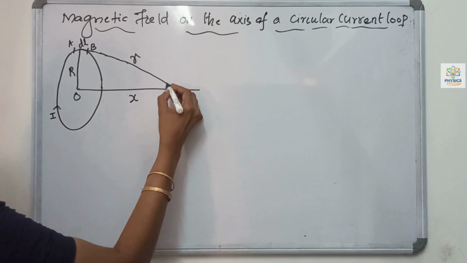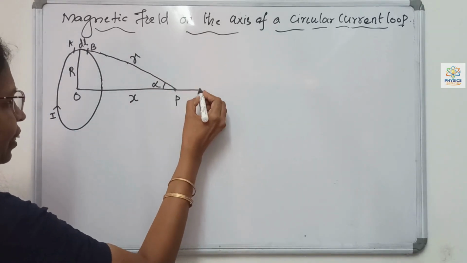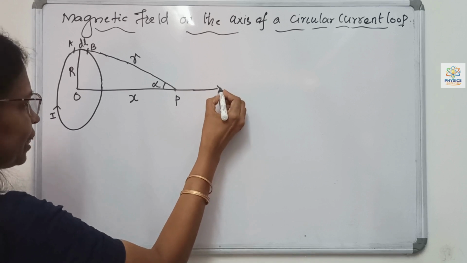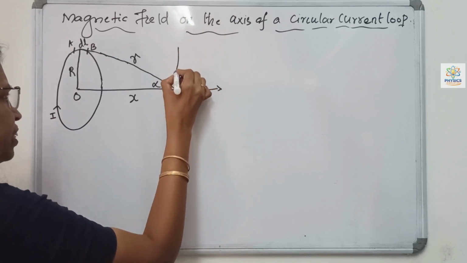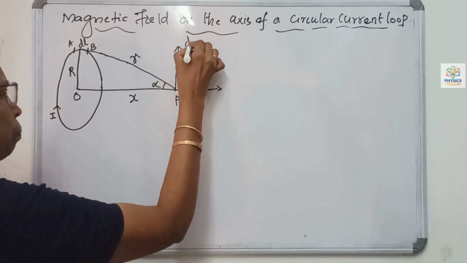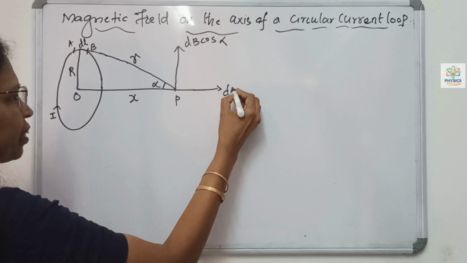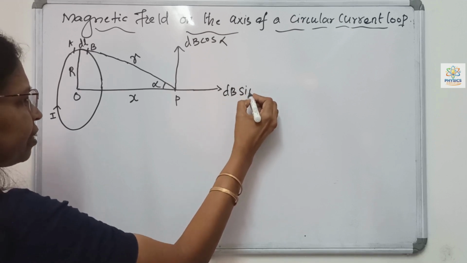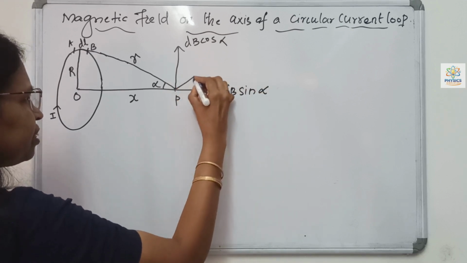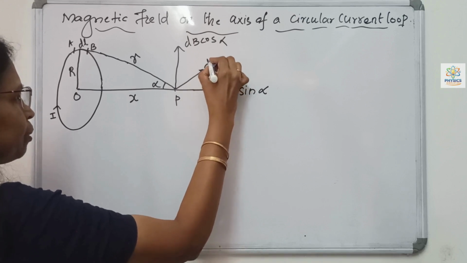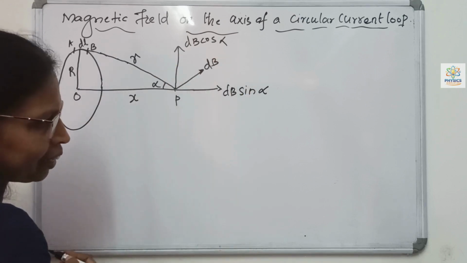At the point P, the magnetic field intensity can be split up into two components. One is dB cos alpha and the other one is dB sin alpha. Here, this is the resultant magnetic field.